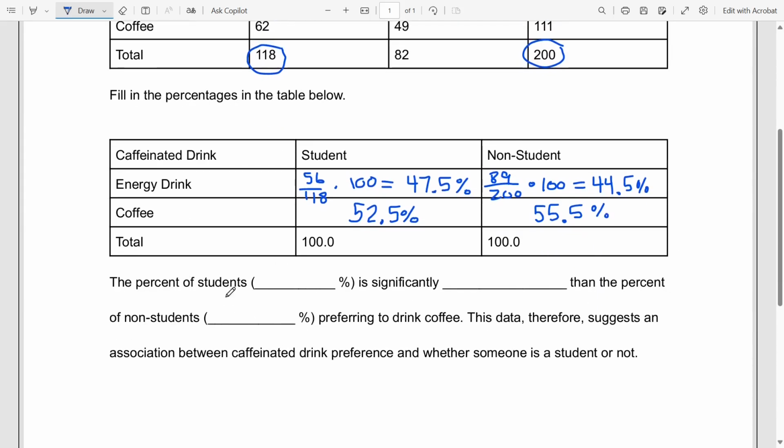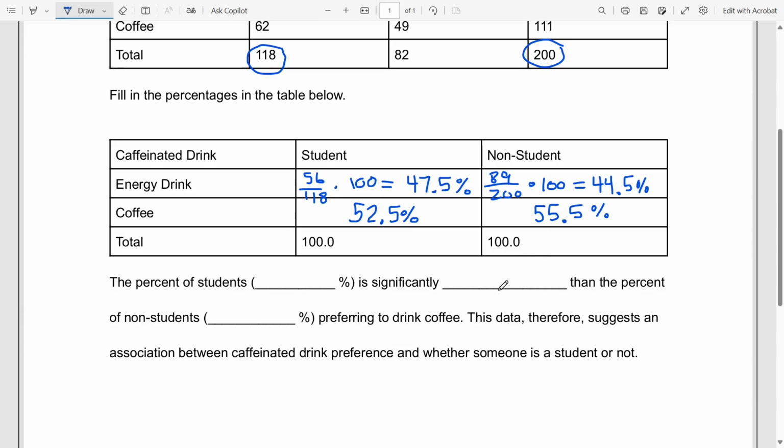So now we could fill this out, but if we're looking at this, the difference between 47.5% and 44.5% is 3%. So there's a 3% difference with the energy drink and a 3% difference with the coffee. So I'm going to say there's not really an association here. We wanted to consider 5% or greater.